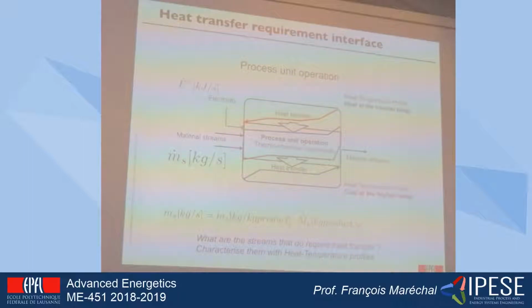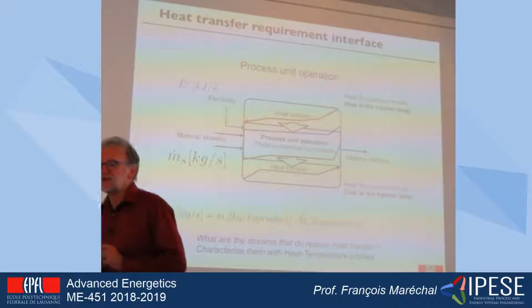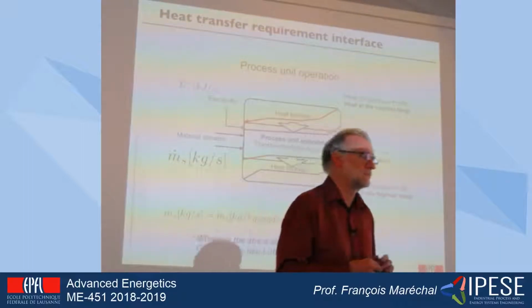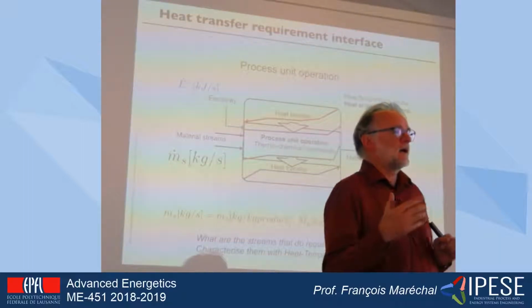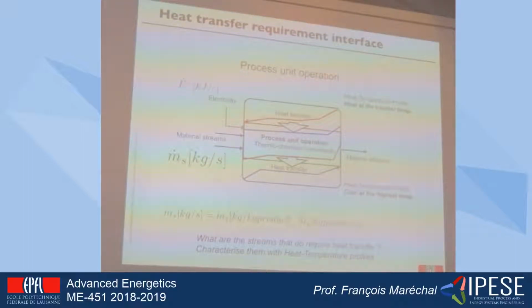And when I need to heat up something, I will try to keep the temperature as low as possible. Which also means that I will identify the streams that need to be heated and the streams that need to be cooled down. Where do I find the streams that need to be heated and the streams that need to be cooled down?